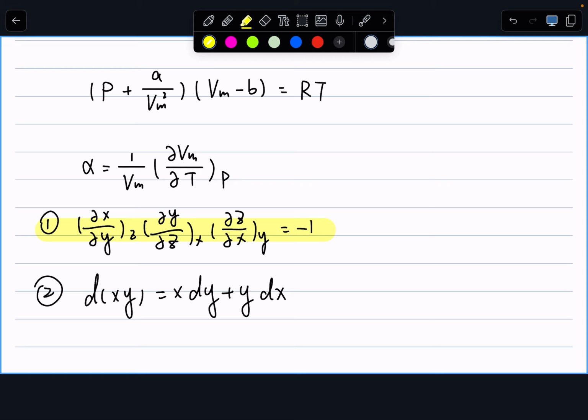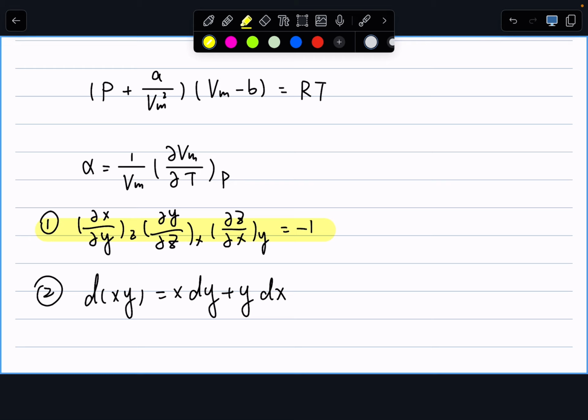And then let's look at the second part. Likewise, when we're solving for that part, we want to rewrite our van der Waals equation as a function of P. So what we have is pressure now equals RT divided by (Vm minus B) minus A over Vm squared.